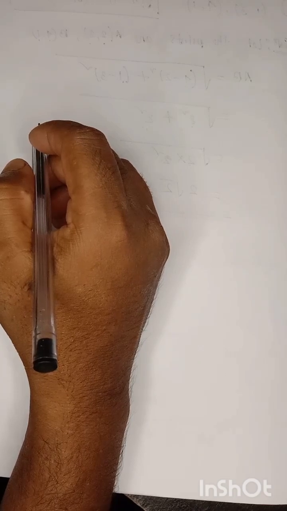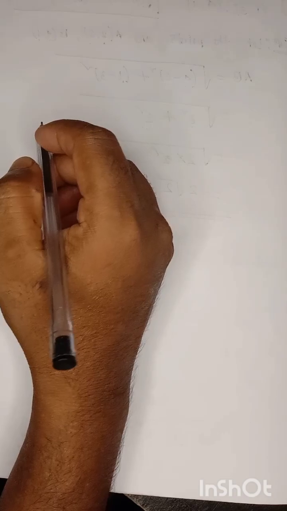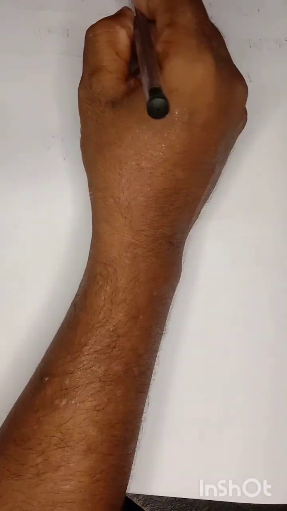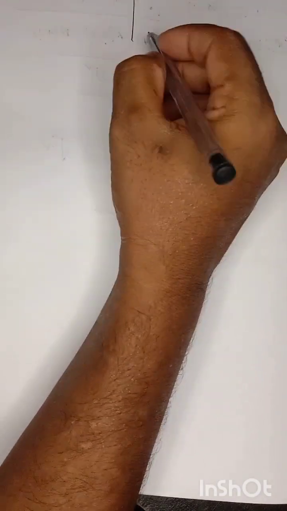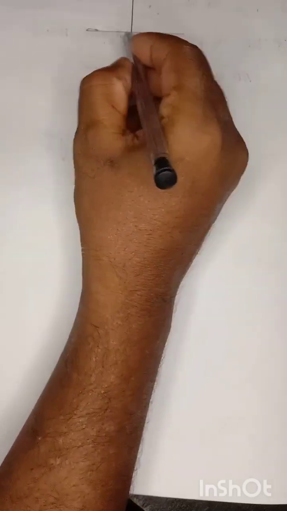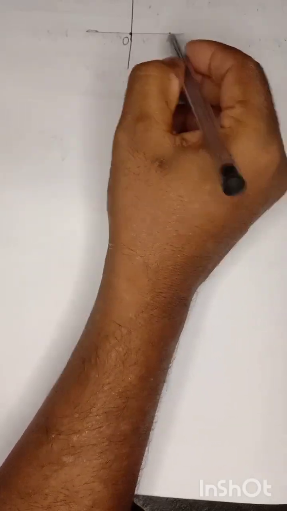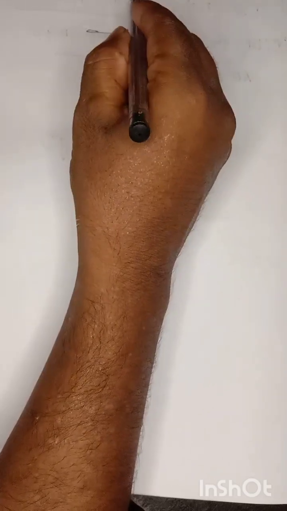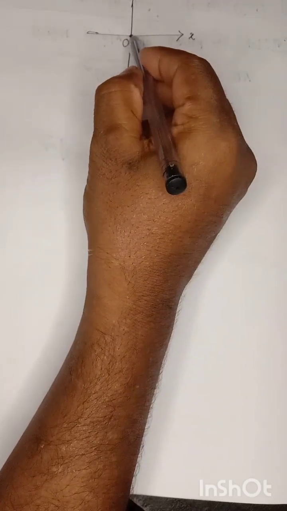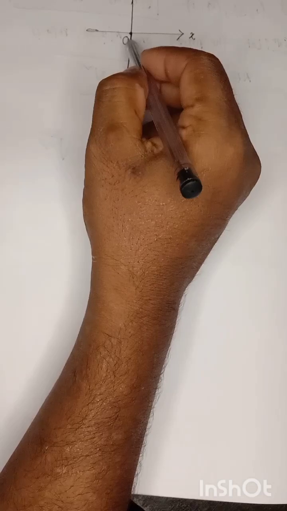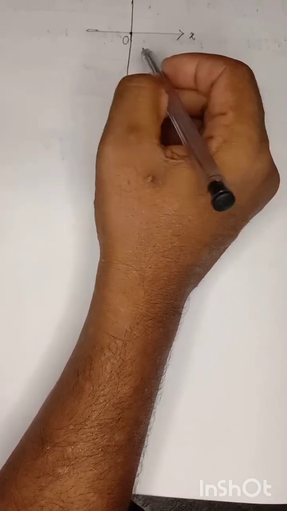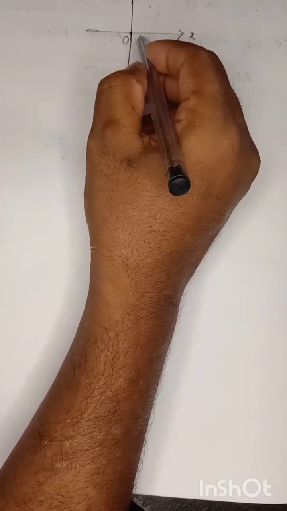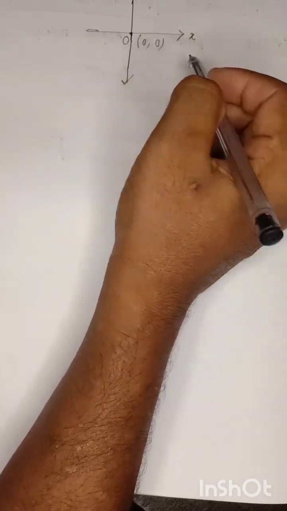So dear students, I am going to discuss the second question: find out the distance between the origin 0, 0 and the other point, which is 36 and 15. See, origin, I have drawn a graph earlier. This point is called O, meaning origin. This is the abscissa and this is the ordinate, and the starting point O, the middle point, is called the origin, and its coordinates will be 0 and 0.